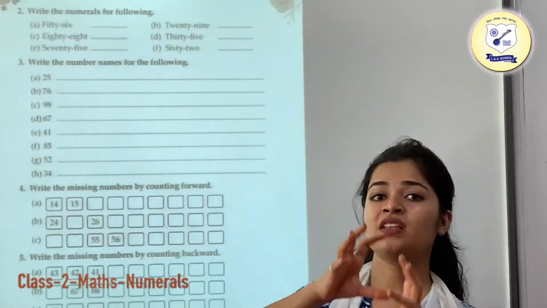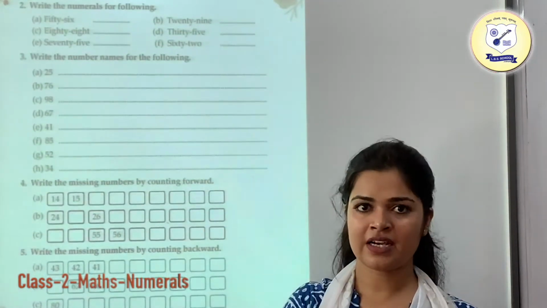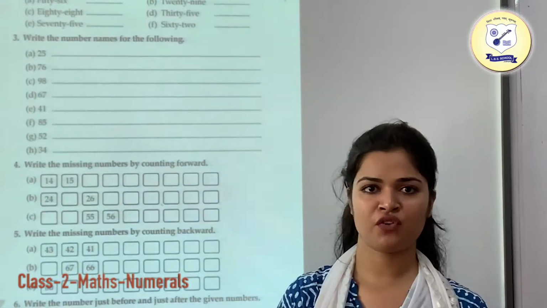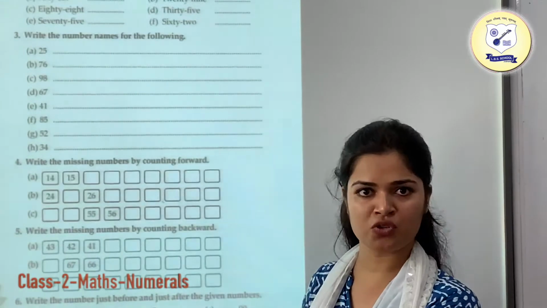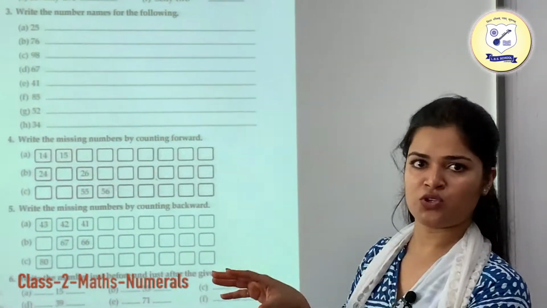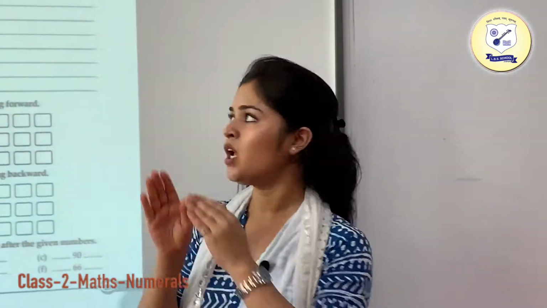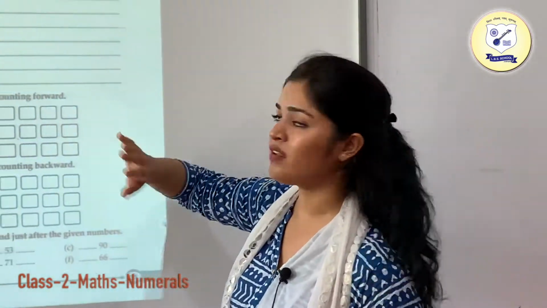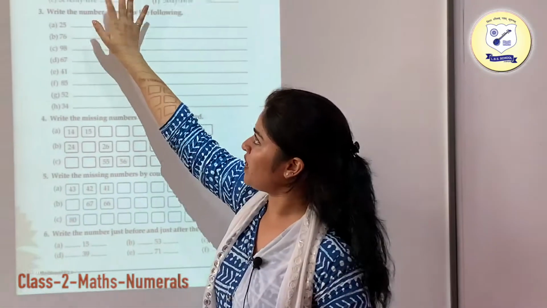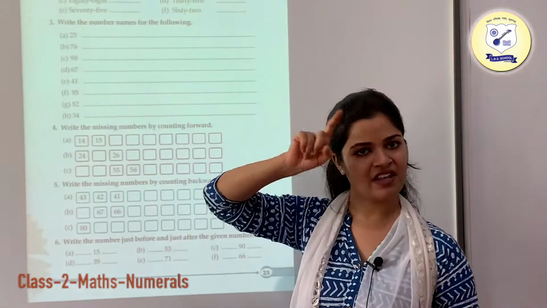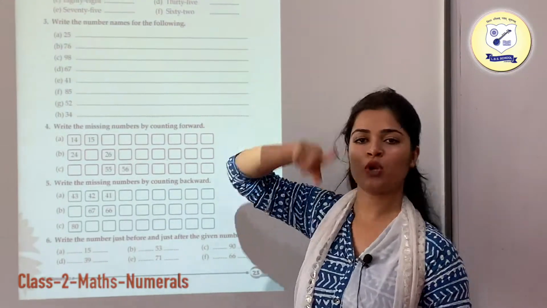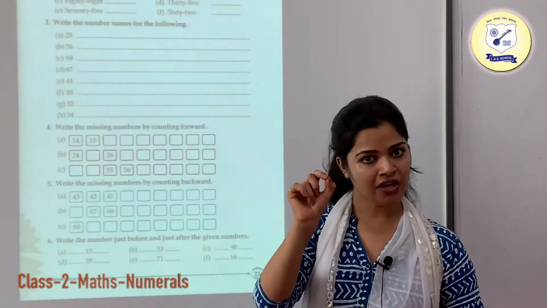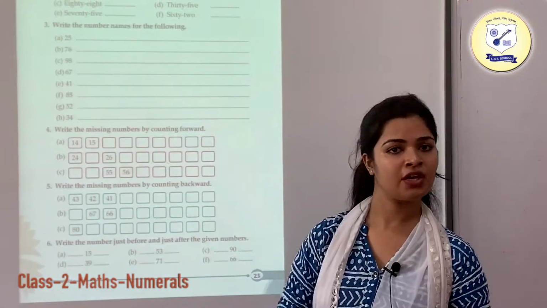Since we are doing the revision of the earlier class, I am just doing a few questions for you, not all of them, just to give you some examples. Ask your parents, they will check your answers and help you with the remaining questions. We are done with 56 and we have written 5 and 6. Similarly for 62, we are going to write 6 and 2, which is going to be 62.